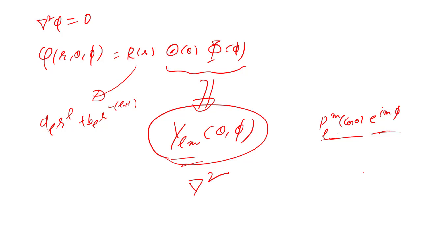That del square term comes from del square by 2m, which is representative of momentum p square by 2m. So even in quantum mechanics, you will do a similar separation of variables, and you will see that the theta and phi part still give you the same spherical harmonics, because in the time independent picture you get the same result. So this is a general solution.